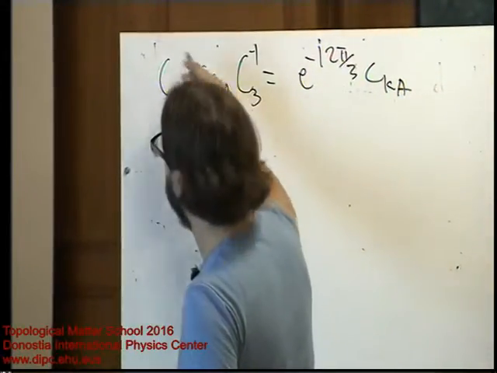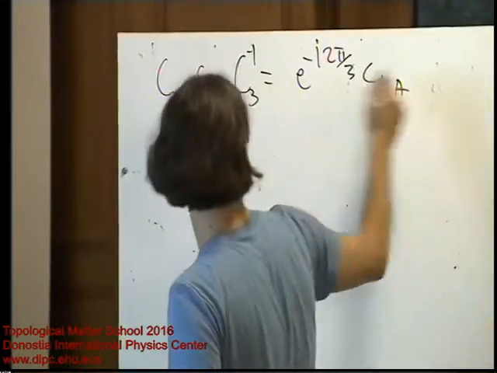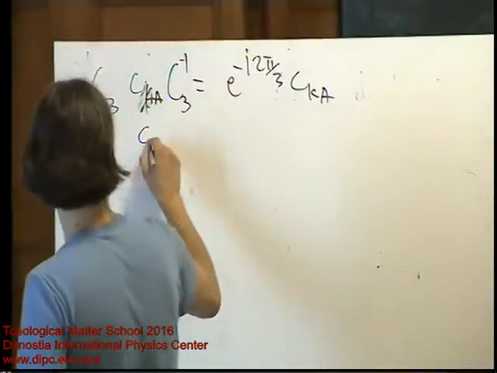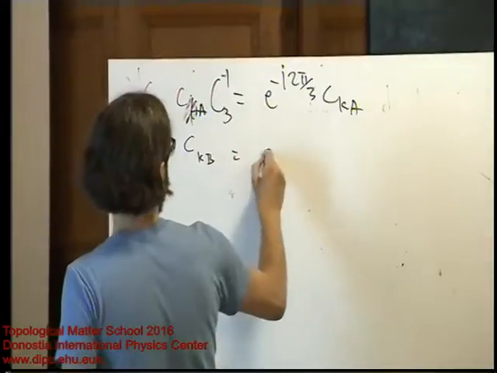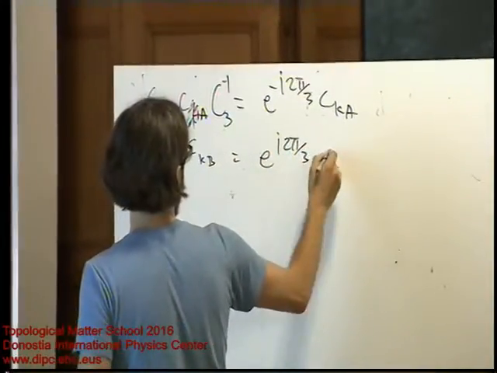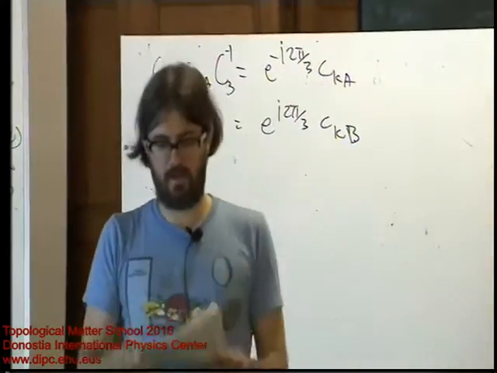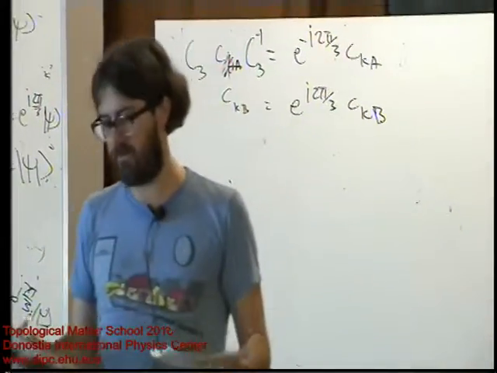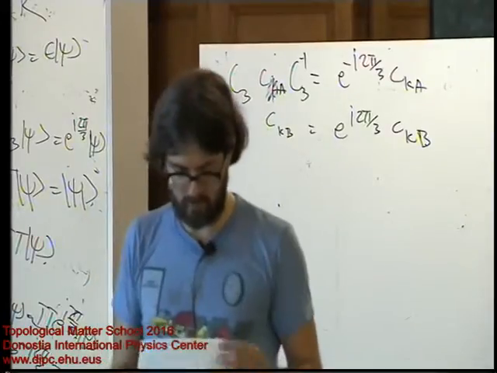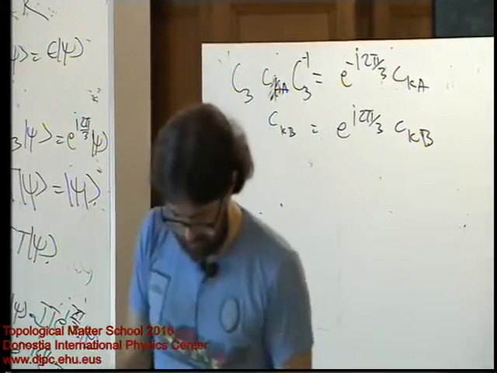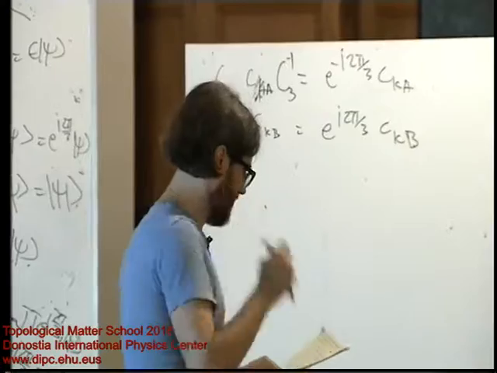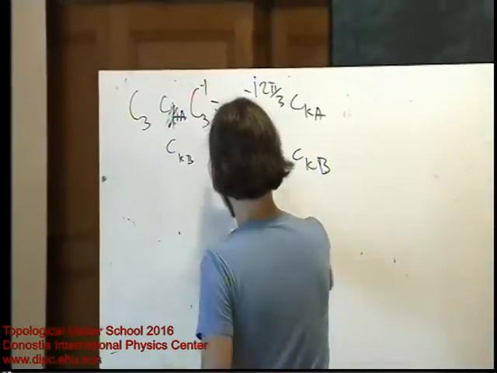at the K point, at the corner of the zone. And c_kB is equal to e to the i 2 pi over 3 c_kB. This is done in gory detail in 3 pages of the notes, which I'll scan.